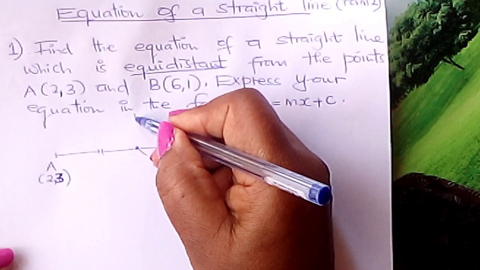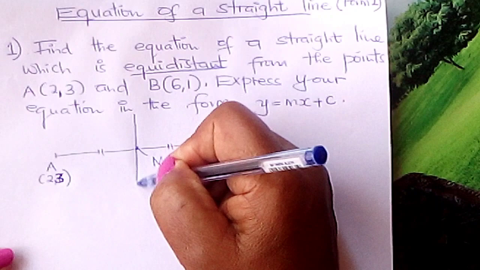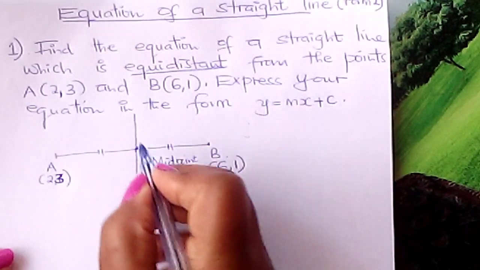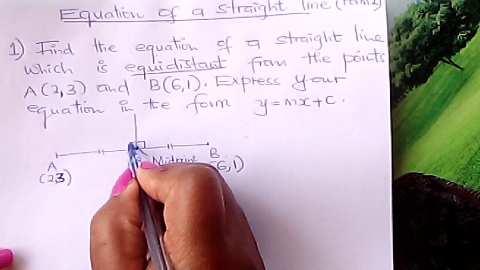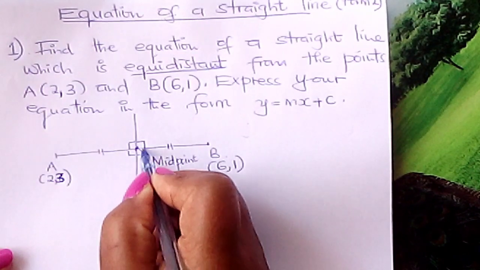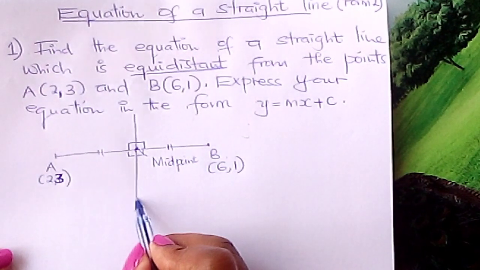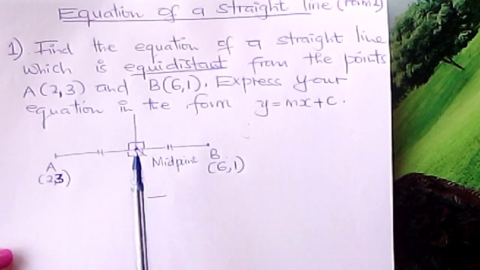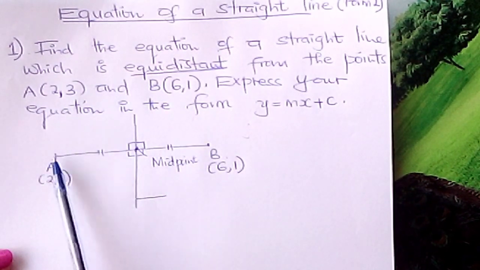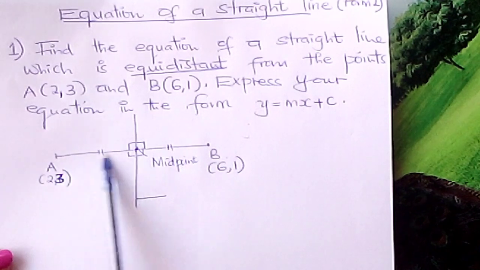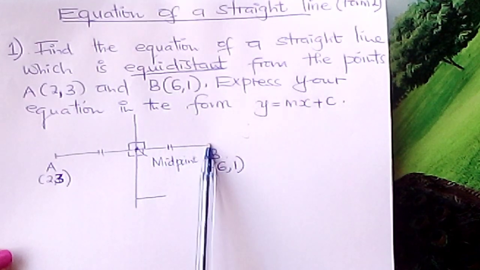So there must be a line here that is passing through the midpoint, and it is perpendicular to the line AB. What do we call this line, which passes through the midpoint, dividing a line into 2 equal parts?